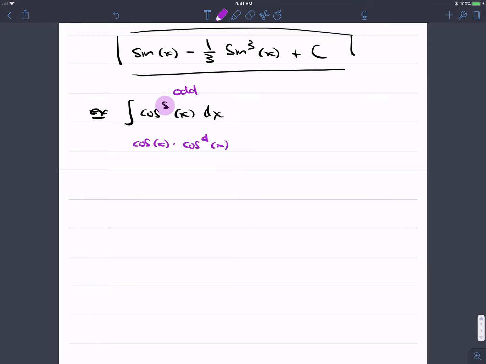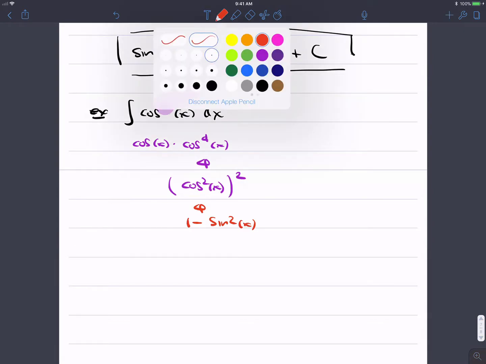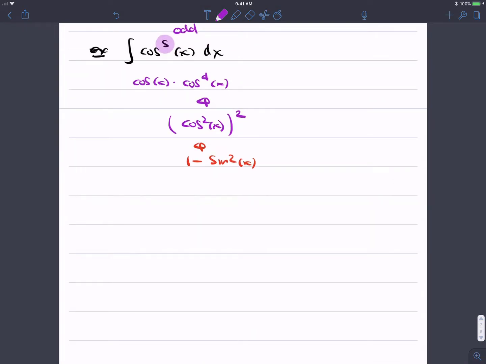Like we did with sine to the 4th, we write this as cosine squared squared, so that I can use my Pythagorean identity for cosine squared, which is 1 minus sine squared. All together, you'll see cosine times 1 minus sine squared squared. We're supposed to integrate this with respect to x.